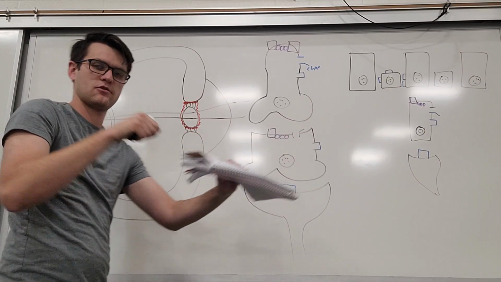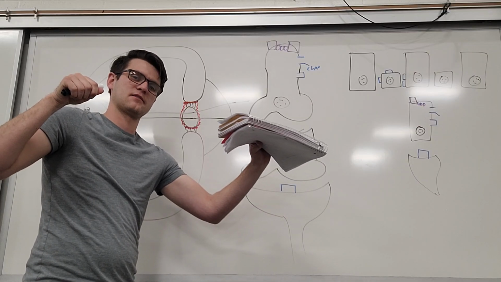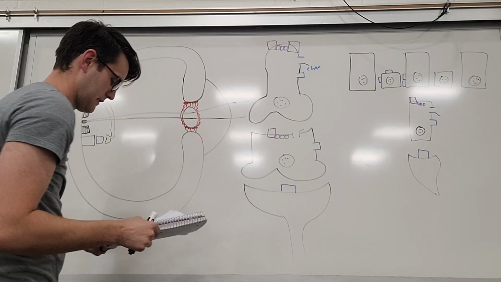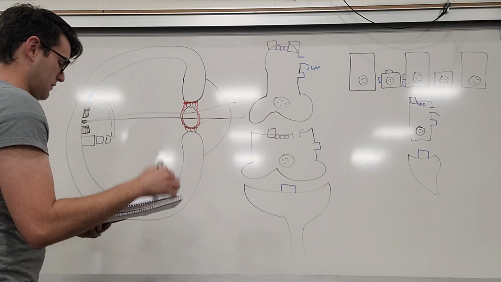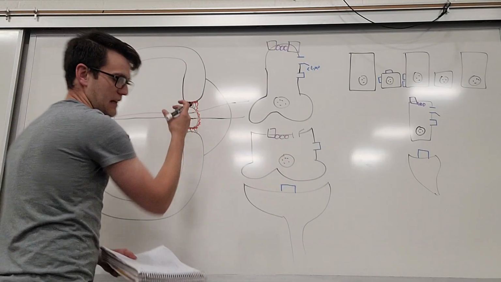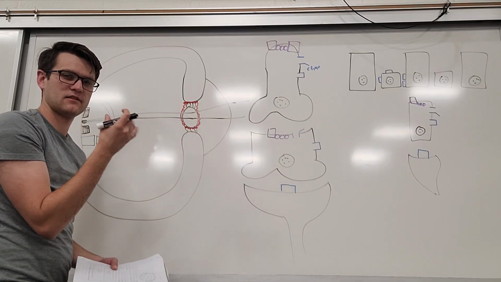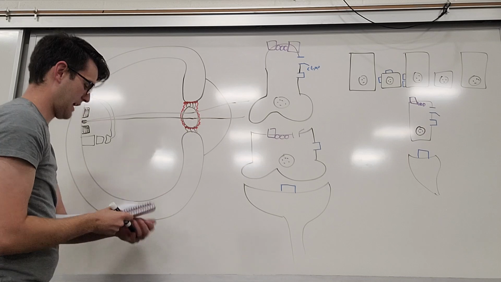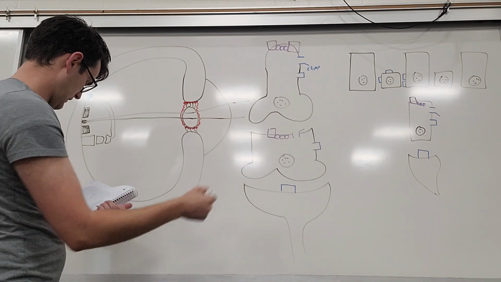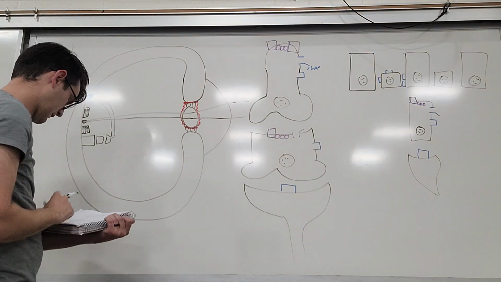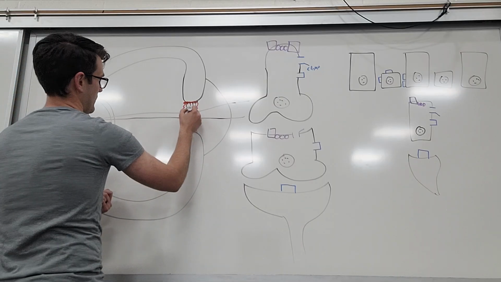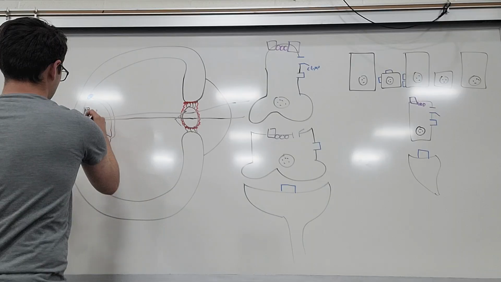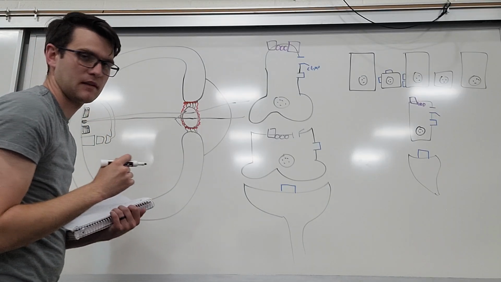It's like if you take some string and you're holding it, the ciliary muscles contract, and that string is going to form a loop, it's going to be slack. That allows the lens to go to its natural state, so it's going to thicken a little bit. This lens is going to be a bit more convex, and that's going to bend light in a little more onto our focal point.